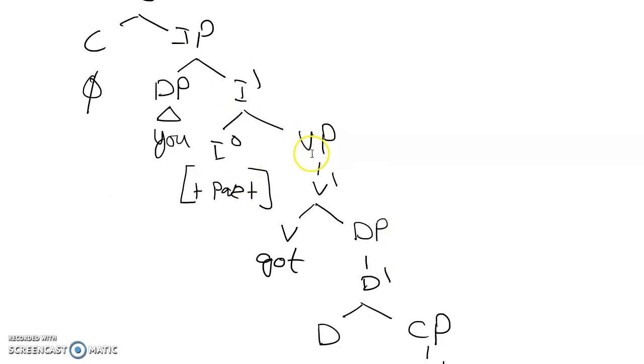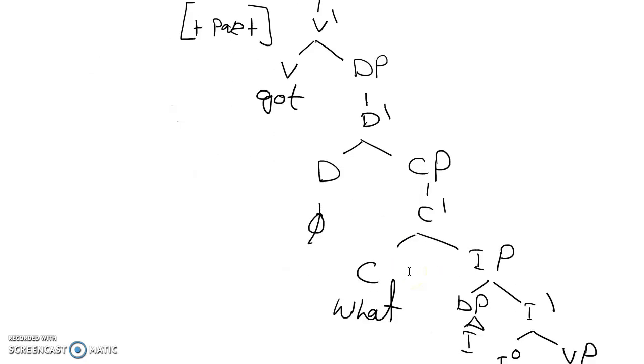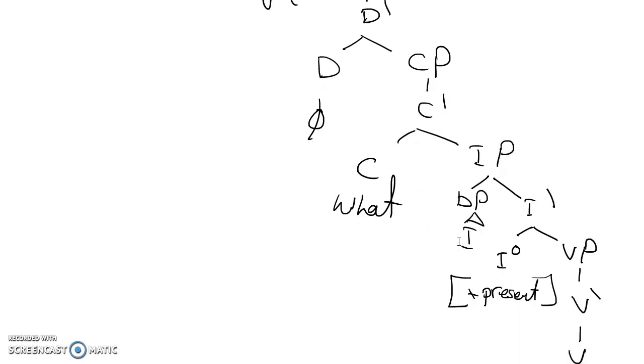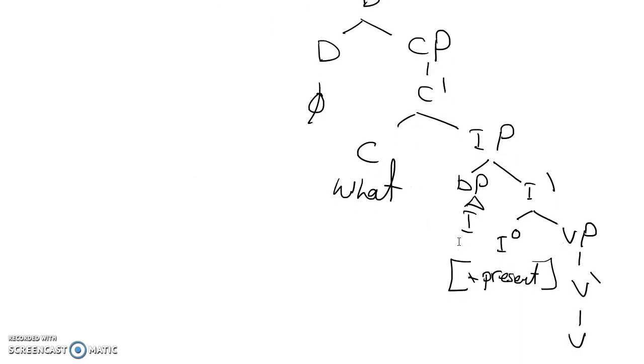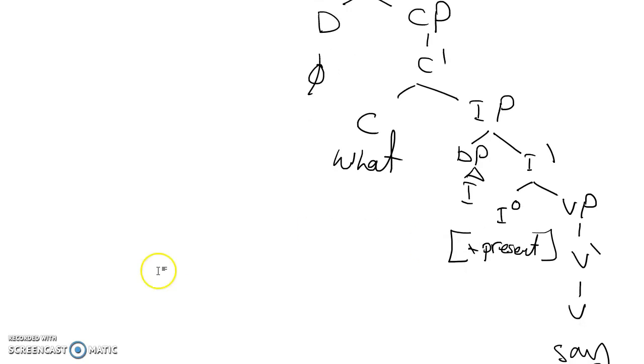Now this got comes from here, from the VP, and its object, the DP. This DP has the type of CP, what I say. So by the end, I have got this shape. Okay, that is the end of the CP. See you later.